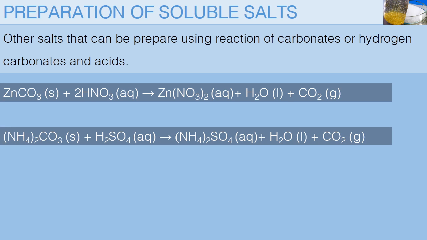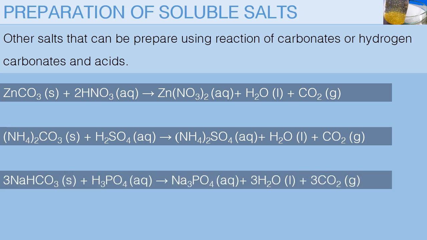The equation is there. We can also prepare sodium phosphate from the reaction between sodium hydrogen carbonate plus phosphoric acid, which will give us sodium phosphate, water, and carbon dioxide. Be keen on how to balance this equation.